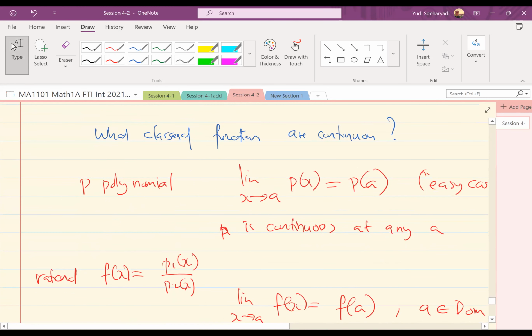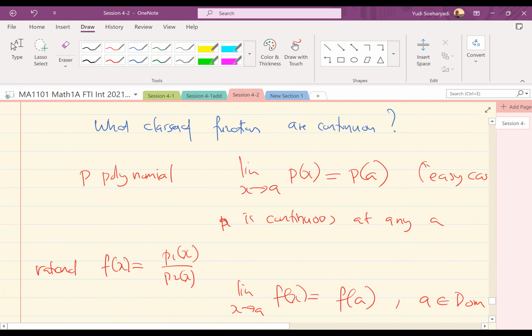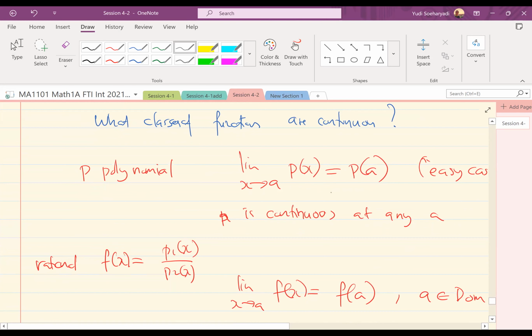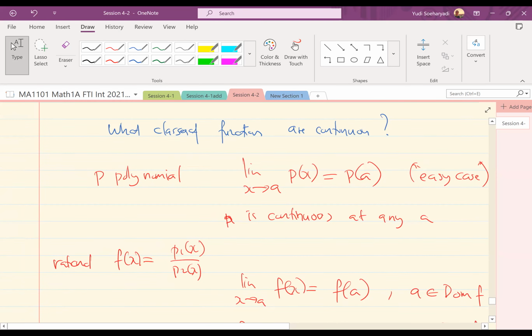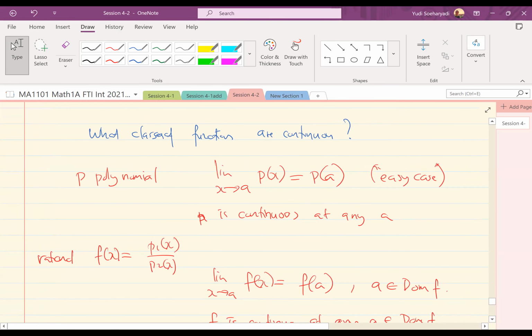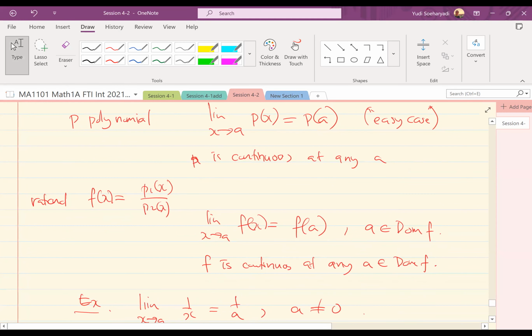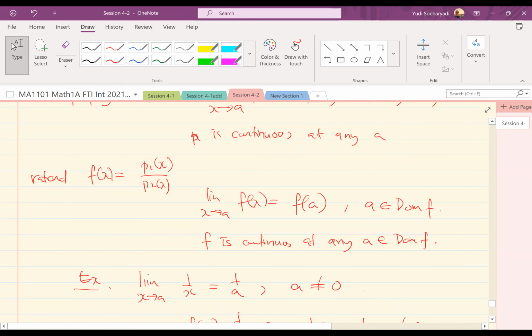So what are continuous functions? You have polynomials. This is the easy case, as I called it earlier, when you compute a limit and you just plug in a number, then you get a value, and that's the limit. That is continuous. Rational functions are continuous as long as A is in the domain.